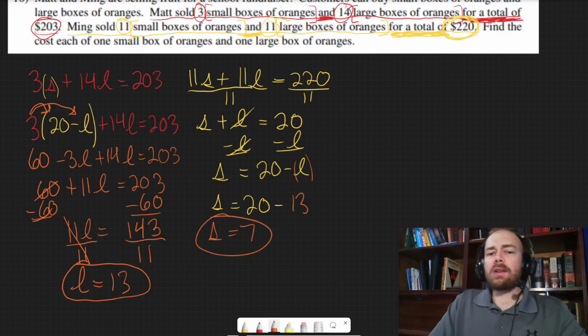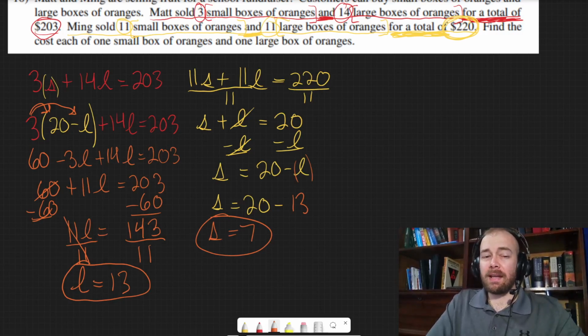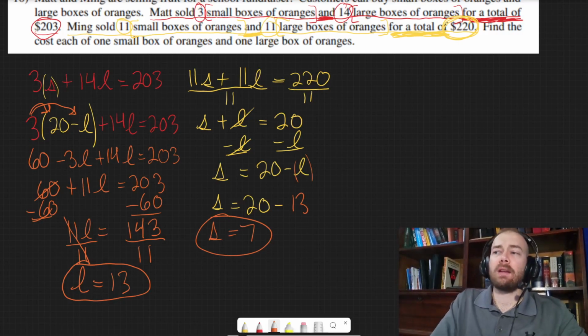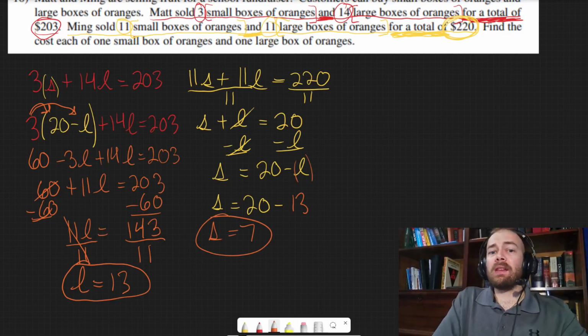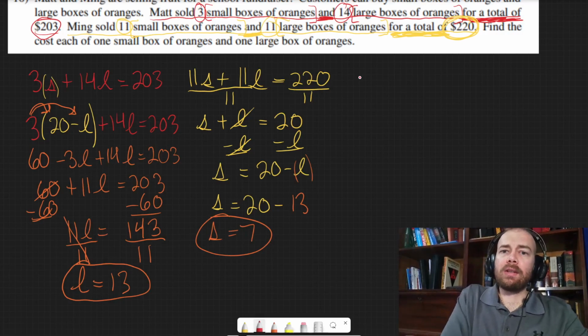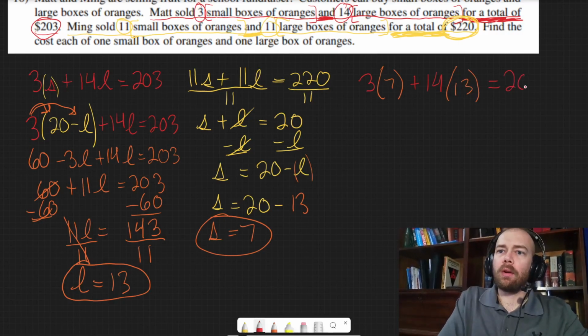Okay, so notice I only circled these. I almost always will box my final answers. I did not box them yet because I want to check to make sure that they both work. I just finished using the yellow equation. So I go back to the red equation, 3S, so 3, and I've already solved for S, plus 14, and then L, which I've already solved for that as well, equals 203.